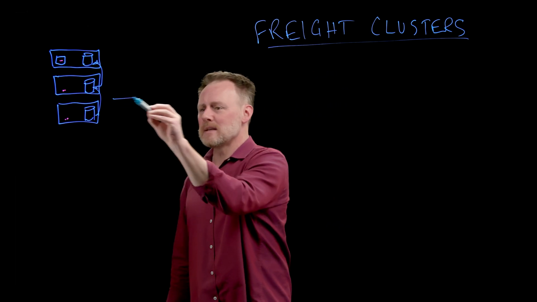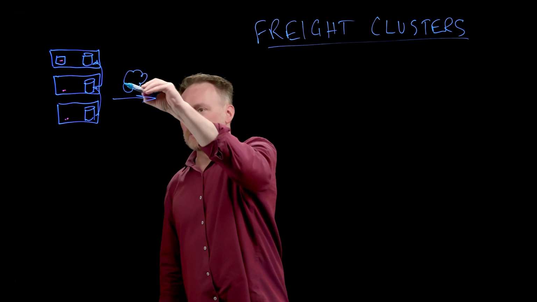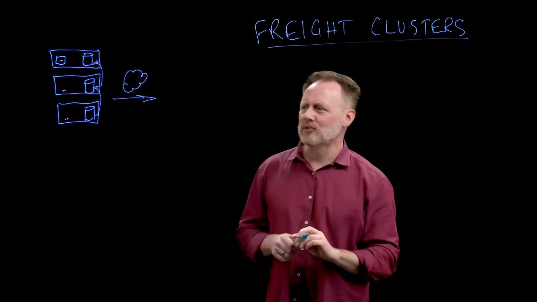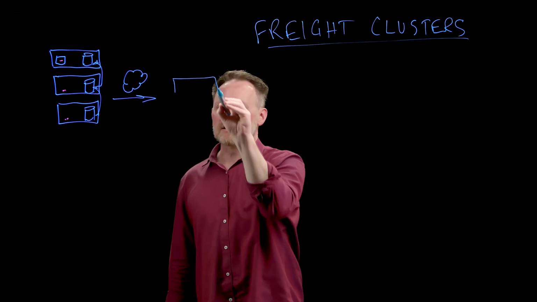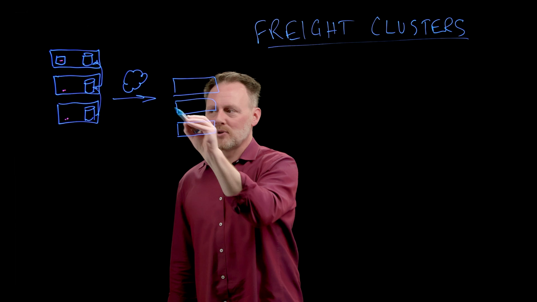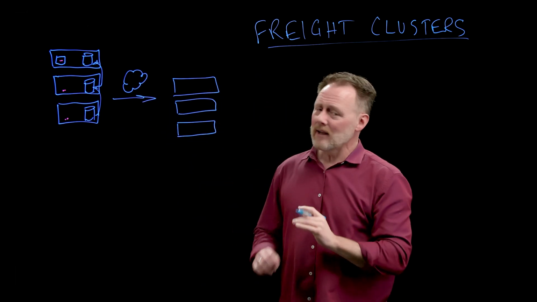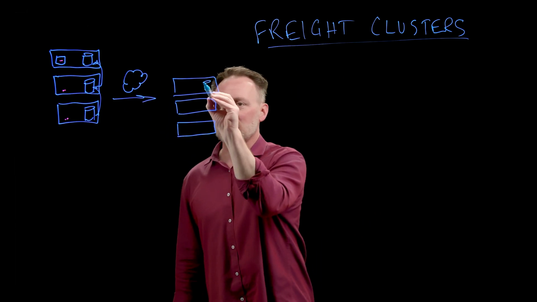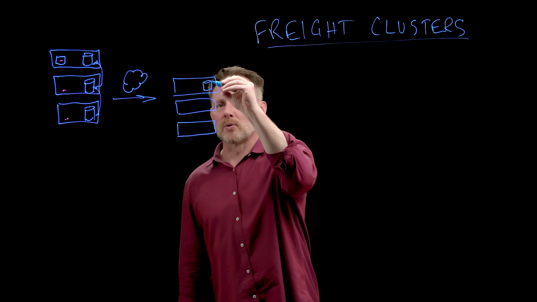Now, as we begin to move to the cloud, we start to see something a little different. We've got cloud instances that are still pretty analogous to these servers. And sometimes some of them might have what we call instance storage on them.